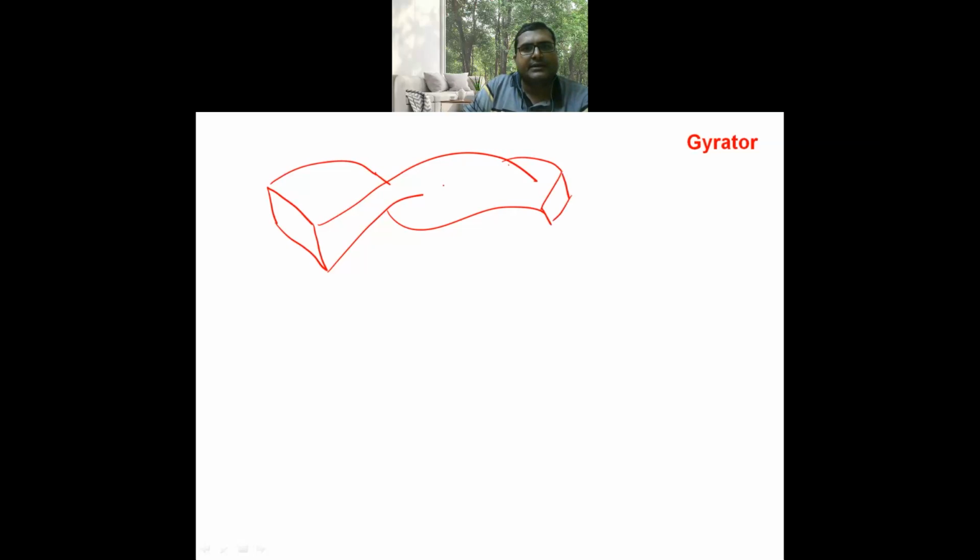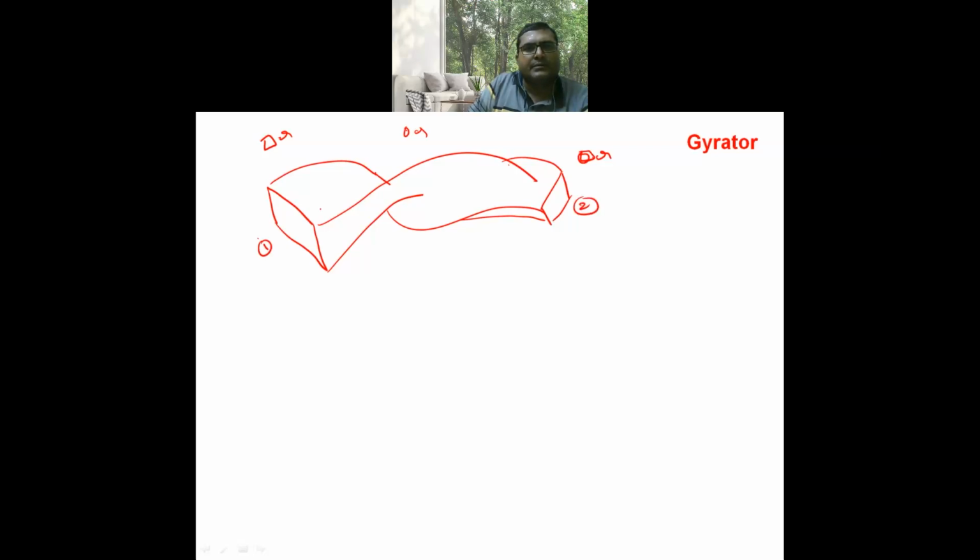This circular waveguide, it is also circular waveguide, and it is a rectangular waveguide at the end. Now here it is port 1, it is port 2.